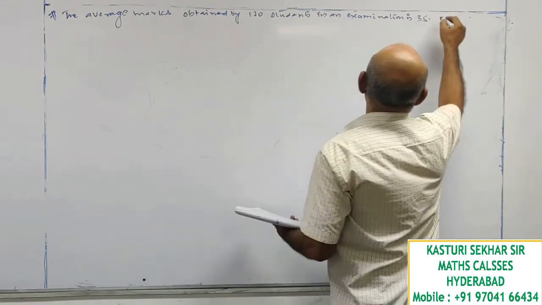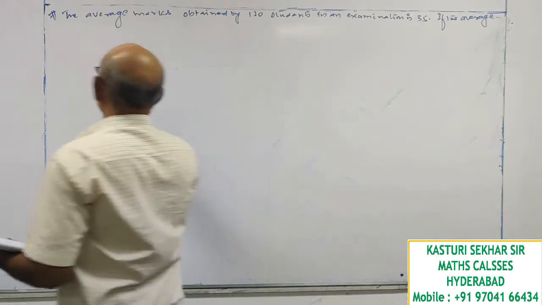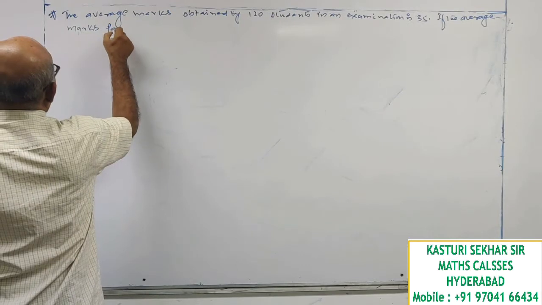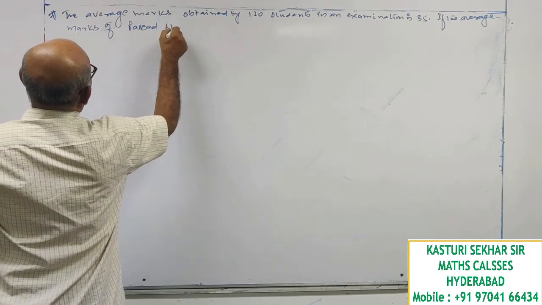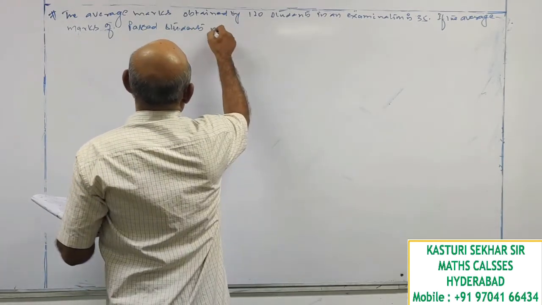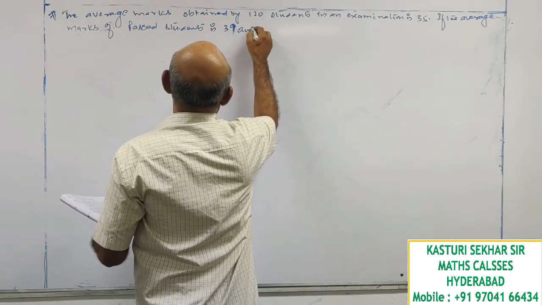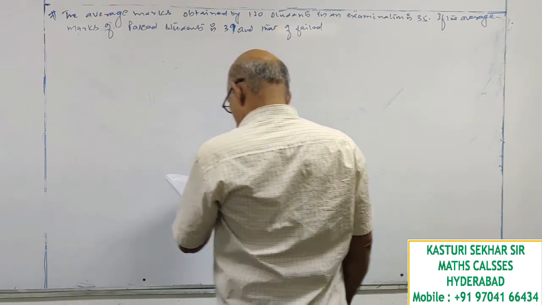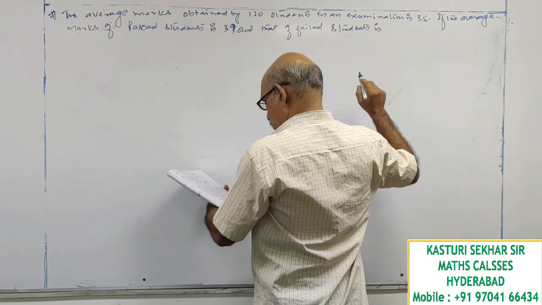If the average marks of passed students is 39 and that of failed students is 15.